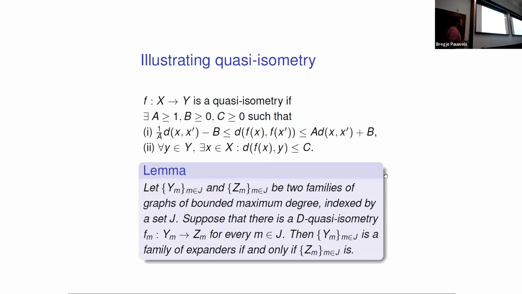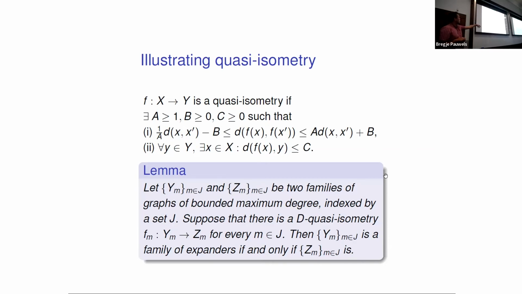And so here, this is a key lemma. We will make two families of graphs. On the one hand, it will be quotients of the polytope. On the other hand, it will be Cayley graphs. And we will show that the Cayley graphs are expanders, and we need to know that the family of finite graphs coming from the polytopes are also expanders. This tells you that if you have two families, and you can find quasi-isometries between their respective members, such that the constants that you are using are independent of the member of the family.